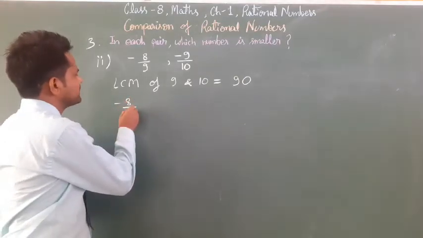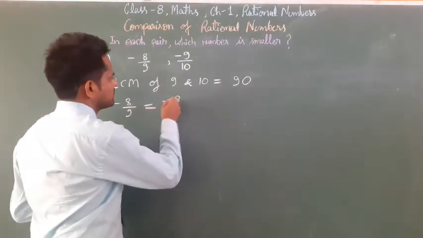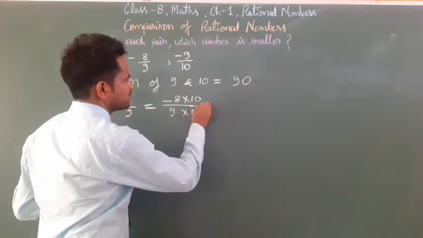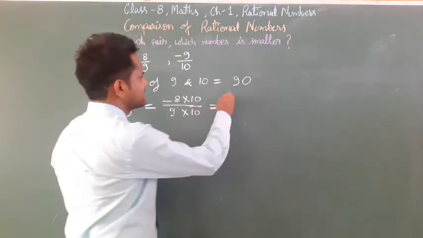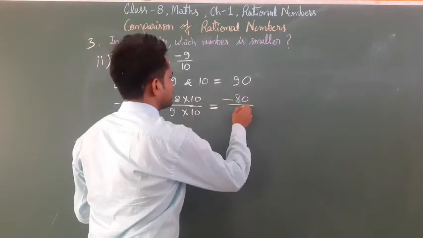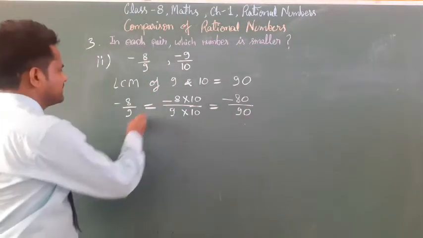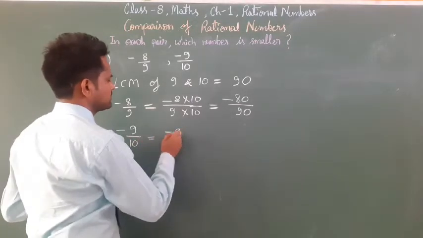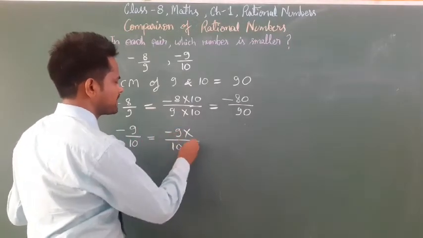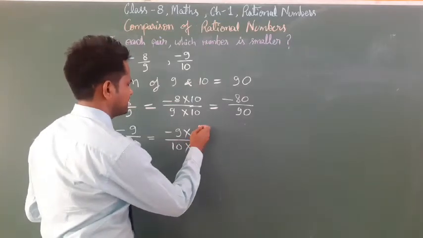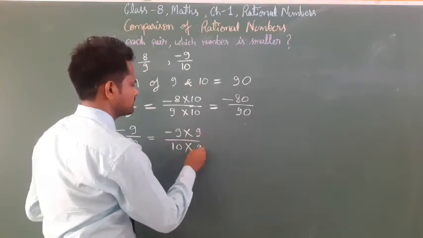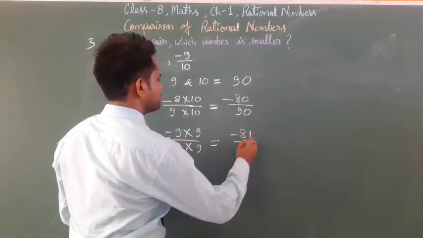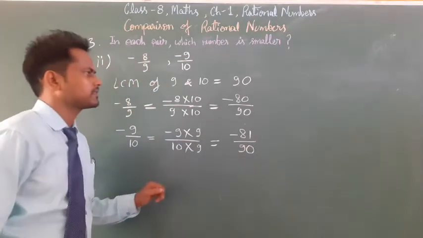So minus 8 by 9, you have to multiply by 10 in both numerator and denominator, then you will get minus 80 upon 90. If I am talking about minus 9 by 10, then you have to multiply by 9 in both numerator and denominator, then you will get minus 81 upon 90.